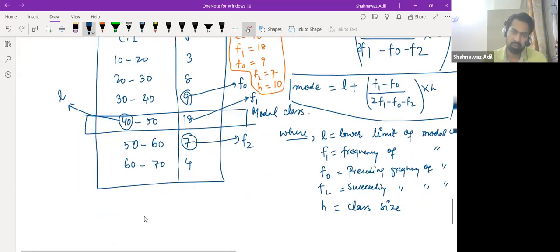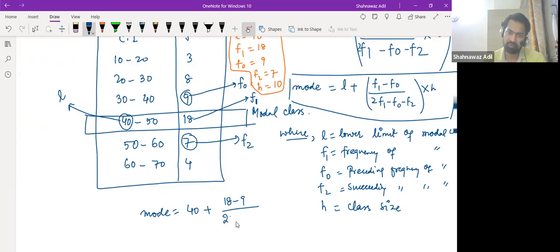So then mode would be L, which is 40, plus F1 is 18 minus 9, divided by 2F1 minus 9 minus 7, and H is 10.